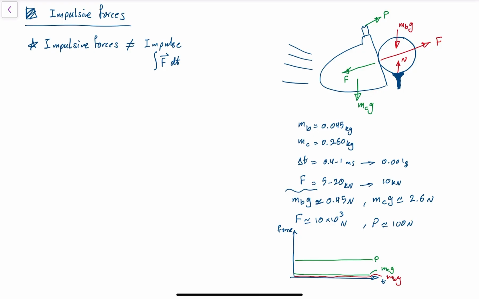It is 0, it starts, this is the duration of contact. The force starts from 0, goes all the way up to maybe 10 kilonewtons up there. But for the sake of graphics, I'm going to break this. So do this, and then it comes down and becomes 0 again.